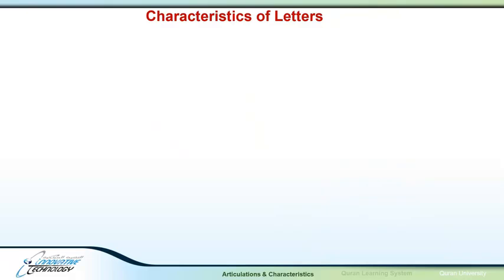But all different letters have different characteristics. And in the past, the Arabic linguistic scholars had categorized the Arabic letters' characteristics into 2 major categories. First category is what they call intrinsic or basic characteristics, and the second category is the incidental or conditional characteristics.